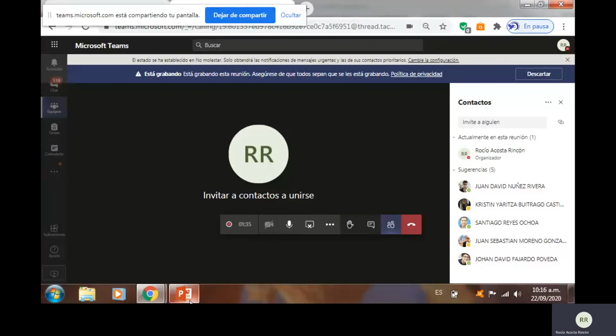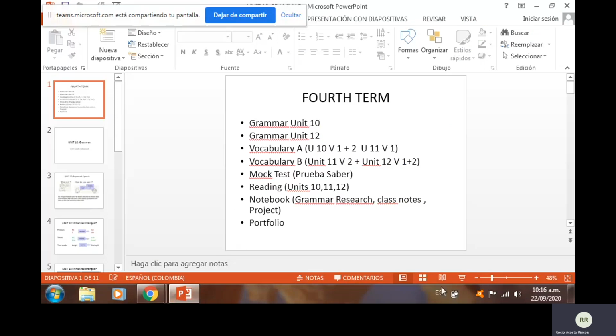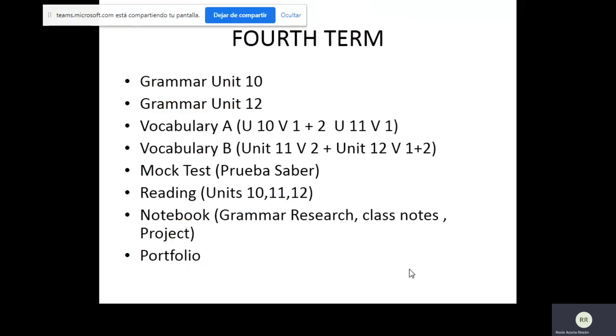First of all, I want to share with you this information for our last term, which is the fourth term now. For this fourth term, I had to make choices.